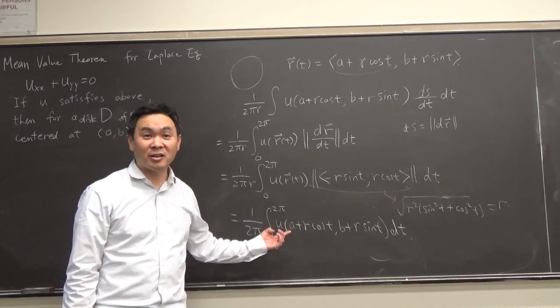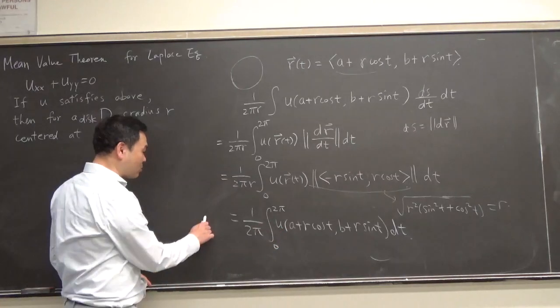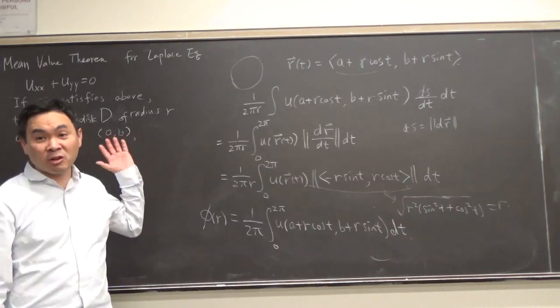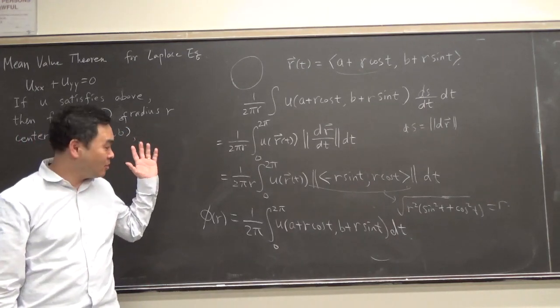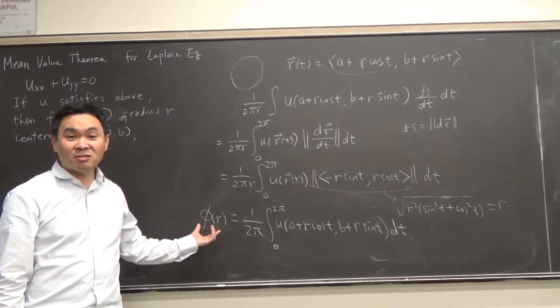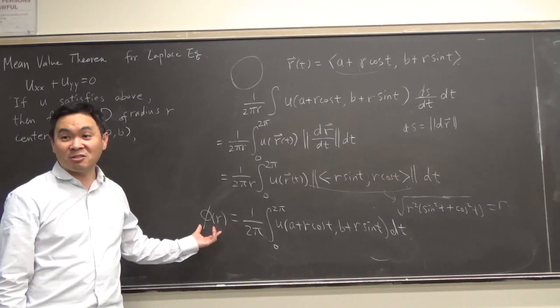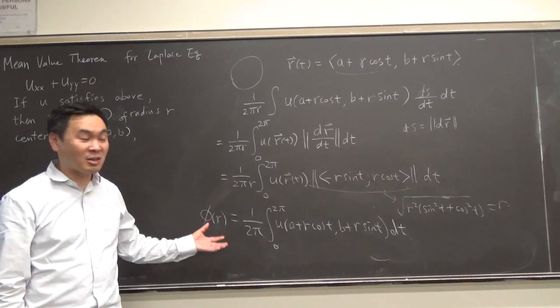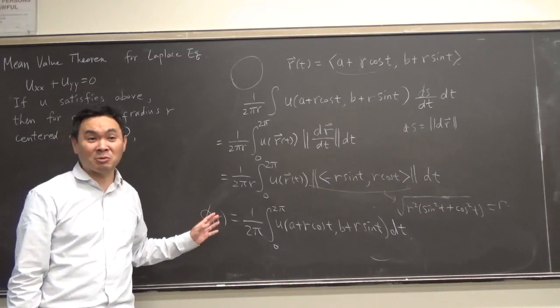A function of r, right? A priori, it's a function of r. So we're going to call this phi of r. Of course, if what we are trying to prove is true, then this should be a constant, right? It wouldn't depend on r because we're saying that it's always the same as u of a, b.